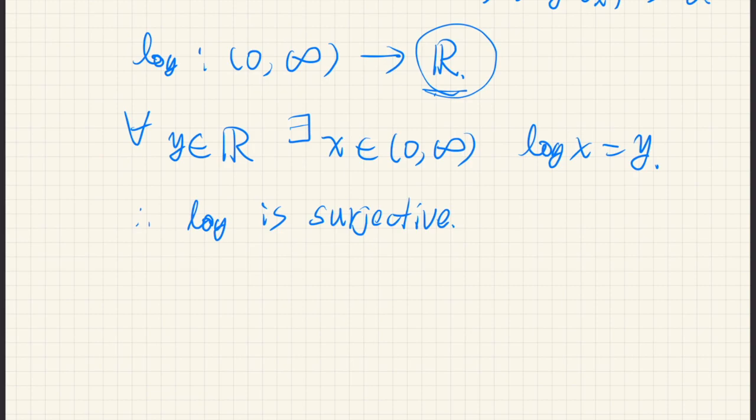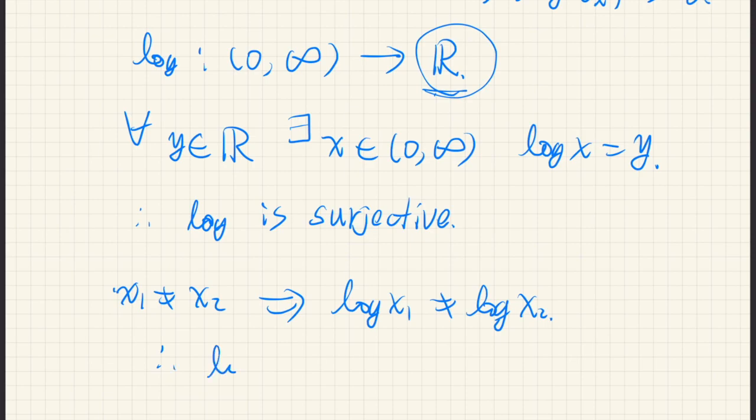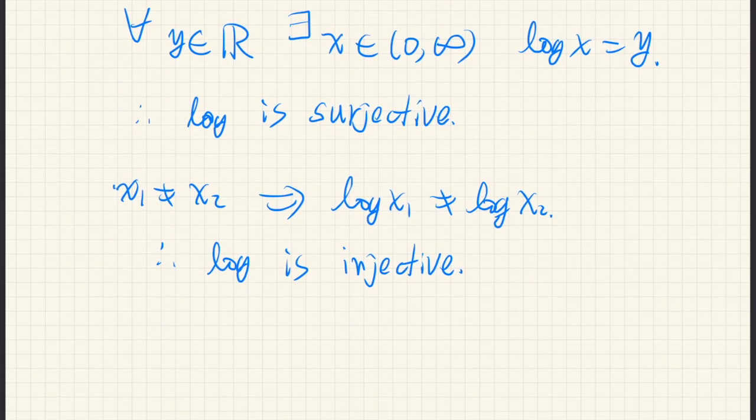And of course, since log is a strictly increasing function, if x1 is not equal to x2, then log of x1 is not equal to log of x2. So therefore, log is also injective. That means together we have log is bijective.